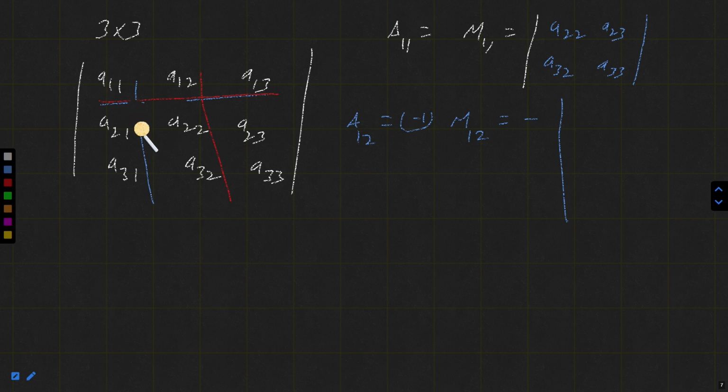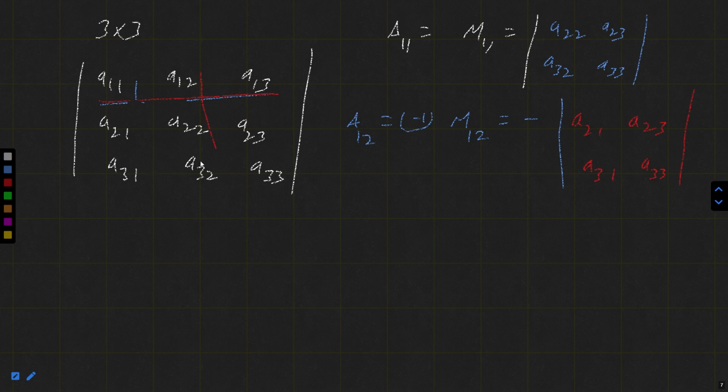You are left with A21, A23, A31, A33. So this will be your cofactor. Now pick any element and you can directly find your cofactor as well as your minor correspondingly.